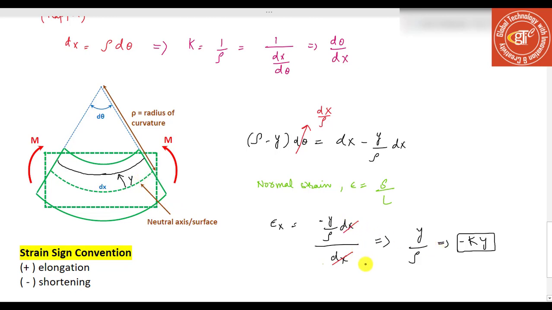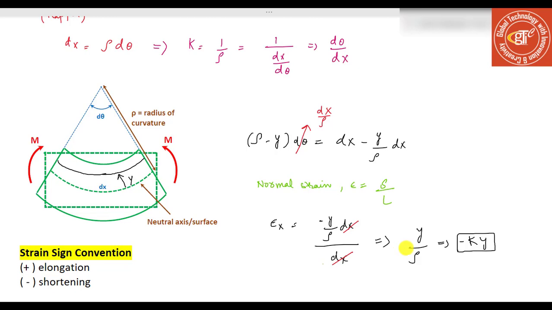And so that's my delta, and therefore my strain curvature relationship says that epsilon in the x direction is that change in length, which is minus y over rho dx, over its original length of the black line, which is dx. And so that's the strain curvature relationship.